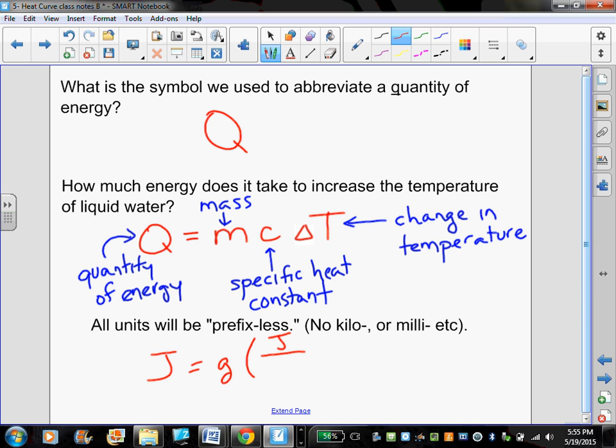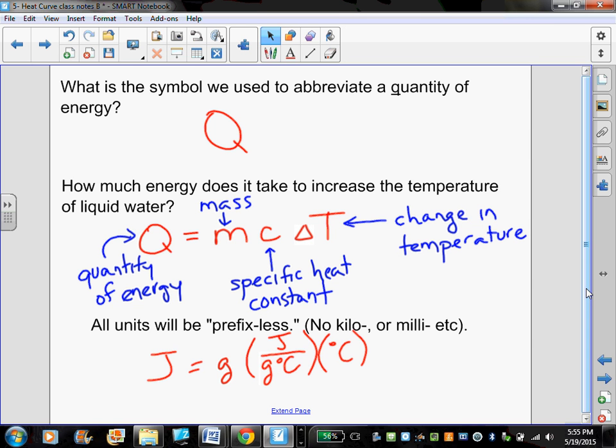That is joules per gram degrees Celsius. And then change in temperature, that's going to be measured in degrees Celsius. So you guys have to keep these units straight. You're going to have units on all of your answers. Anytime you use a number, make sure you have a unit for it. So know what unit goes along with what variable. Okay?